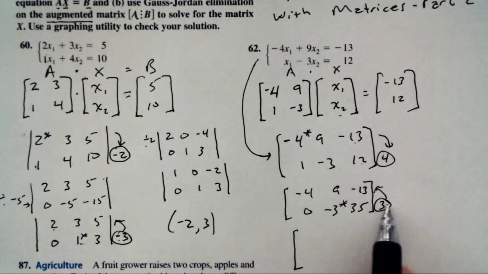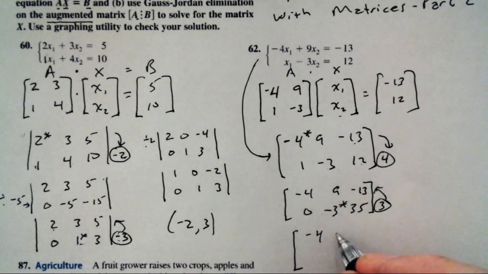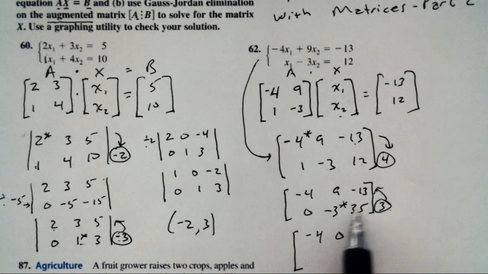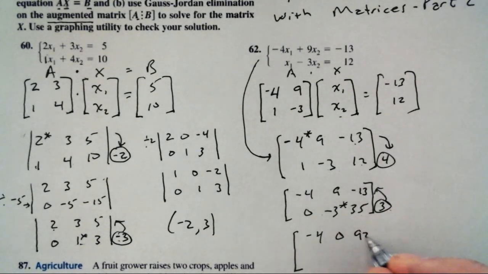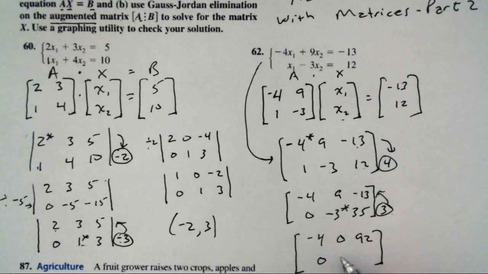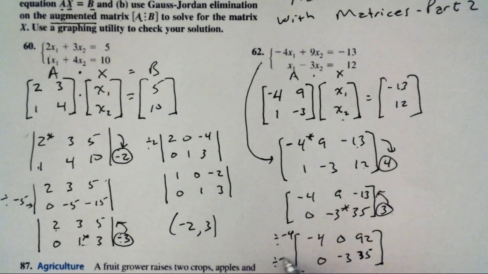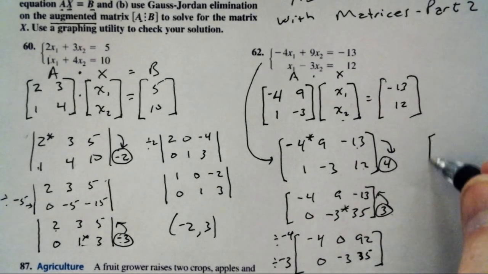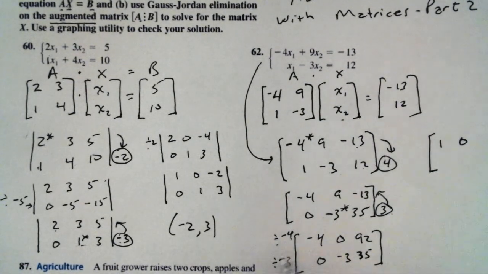Touching 0 and -4. -9 and 9, 0. That's why we're doing it. Yuck. 105 minus 13, 92. 0, -3, 35. I'm going to divide by -4. I'm going to divide by -3. And we get 1, 0.